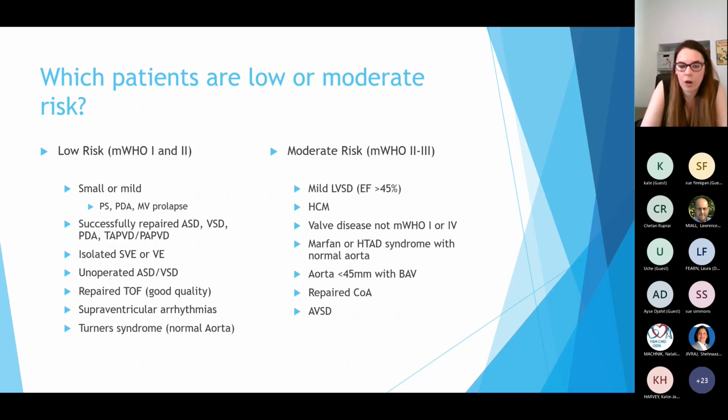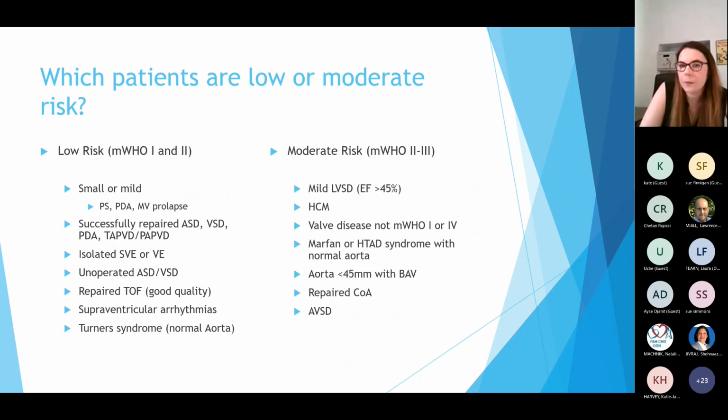And Turner's syndrome, the patients must have a normal aorta, but to note that in these patients, to be normal, the measurement is actually indexed for height due to their short stature, and therefore not to be reassured by an absolute diameter, which is normally within normal limits.